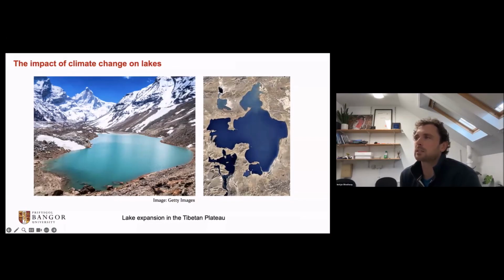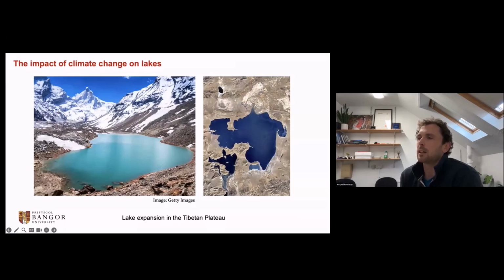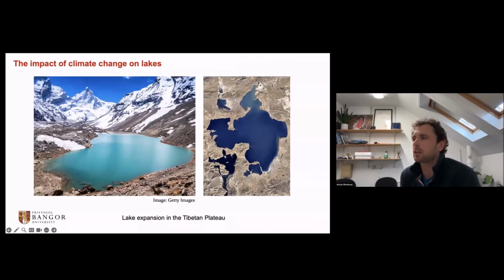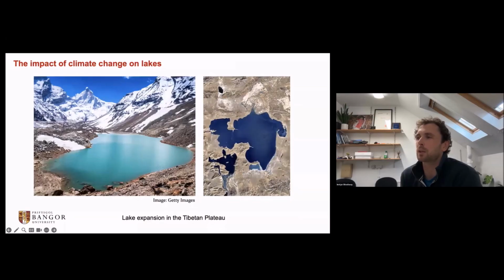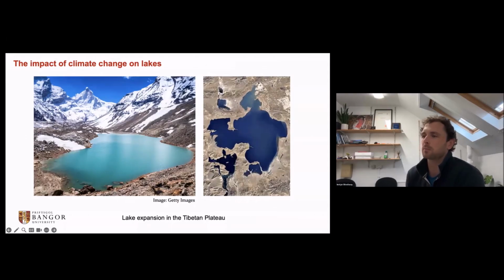So as those glaciers melt, so increased air temperature means that glaciers melt, that glacial meltwater then flows into lakes in the region, causing their surface area to increase. So unlike the patterns that we see in lower altitude regions of lake drying, in this part of the world, lakes are actually expanding. And you can see this on the right-hand side in this GIF showing a time series of different images of lake surface area.